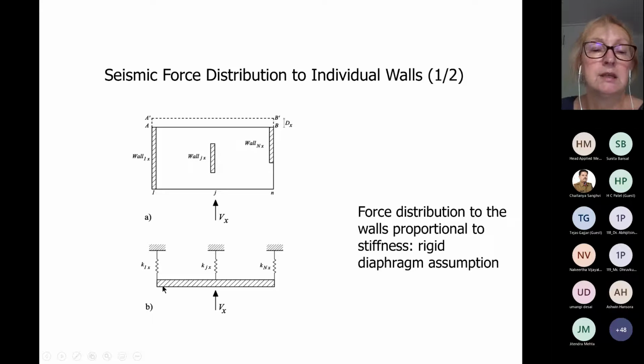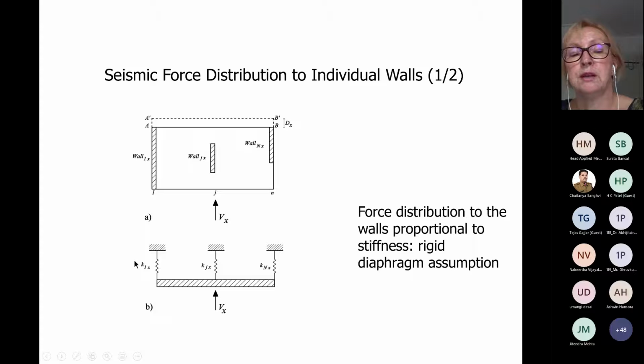In any case, in order to find the forces in these three walls, we need to model them as horizontal springs with the stiffness K. So K is the wall stiffness for shear. We assume in this model that the predominant action is shear, that the wall shear forces are resisted, and that the shear resistance of the walls needs to be adequate.